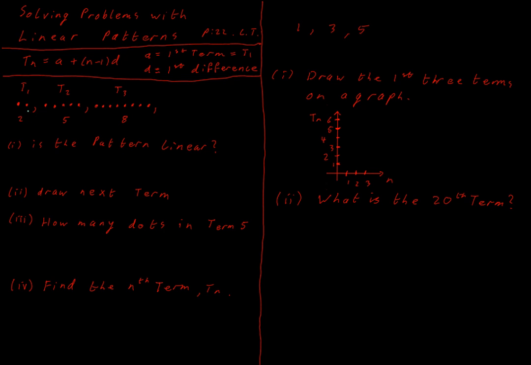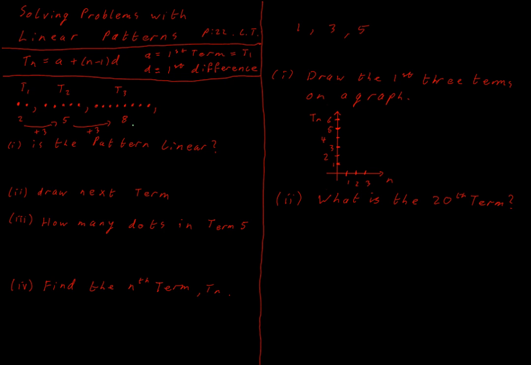But to know how many dots would be in the next term, we have to understand the relationship between the terms. So what's happening each time as we go up in our terms? Well, to get from 2 to 5 and 5 to 8, we could add 3 both times. If I added 3 to 2, I get 5, and add 3 to 5, I get 8.